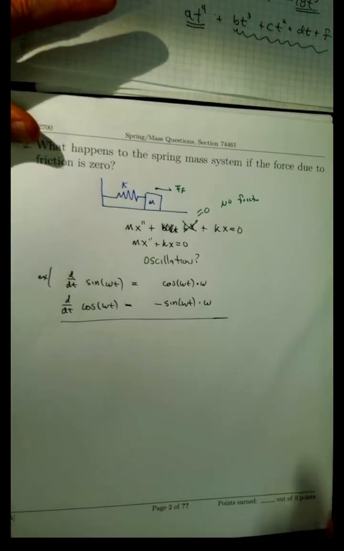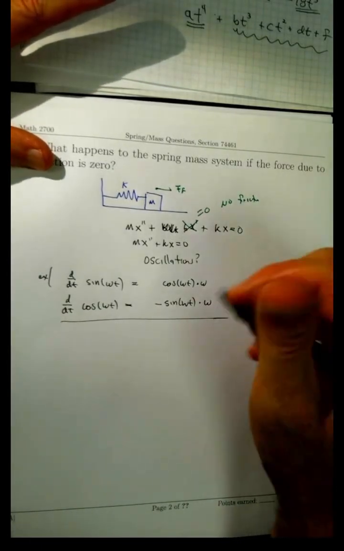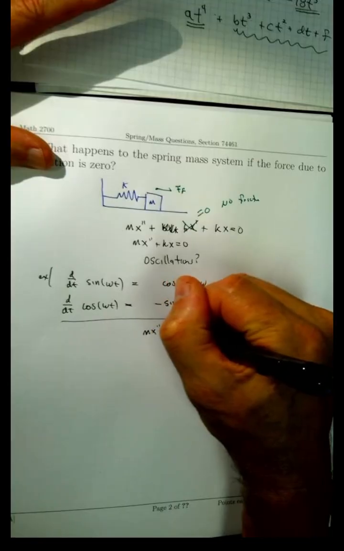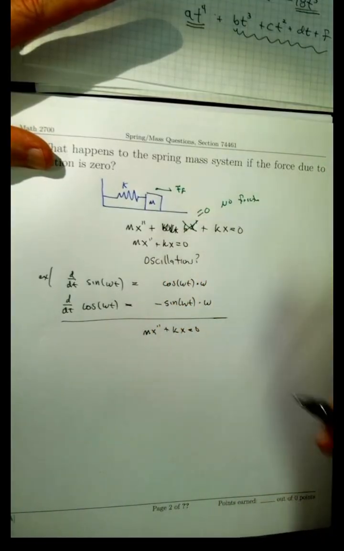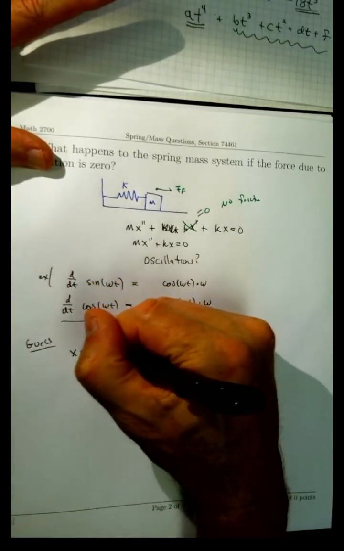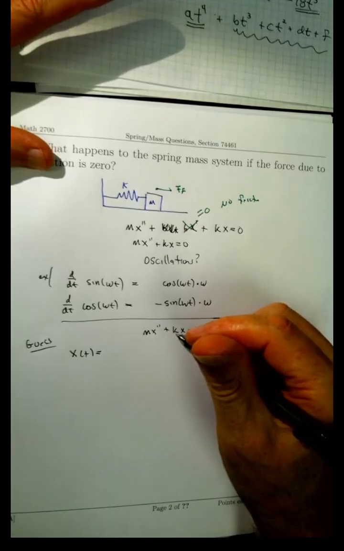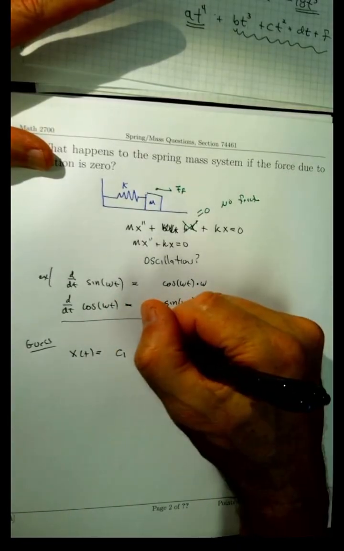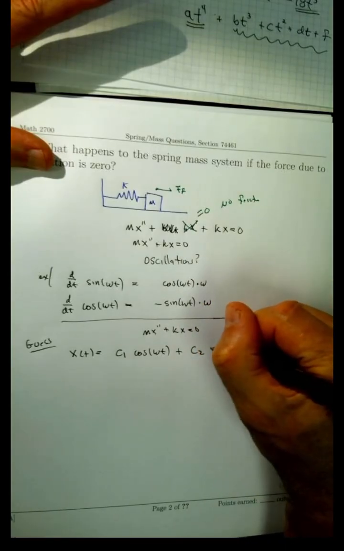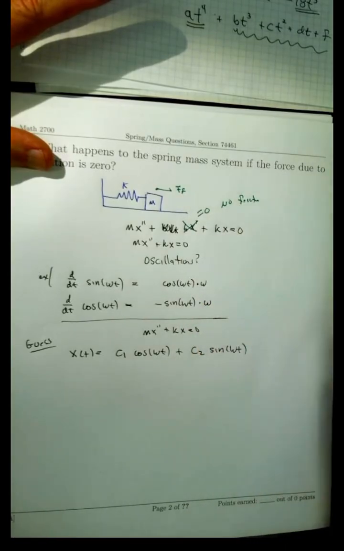Okay, so let's come back to our spring mass system. And so I have what? I have mx double dot plus kx equals 0. And just as a matter of a guess, I can try x of t equal to some constant times cosine omega t plus another constant times sine of omega t.